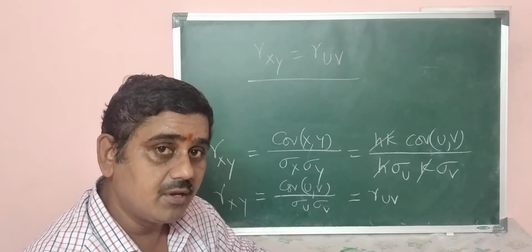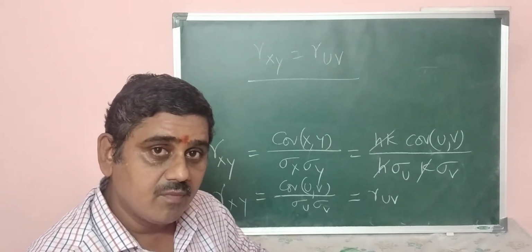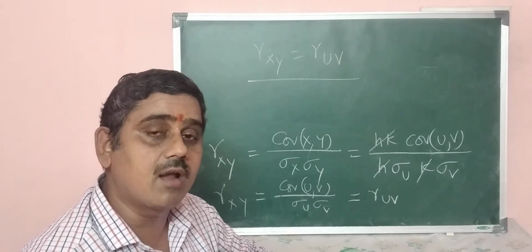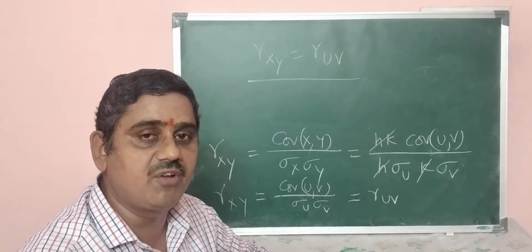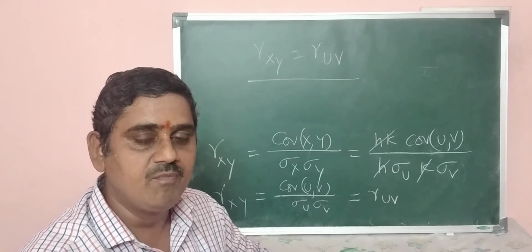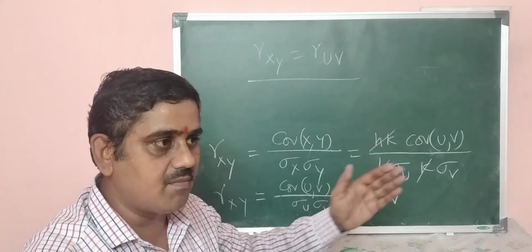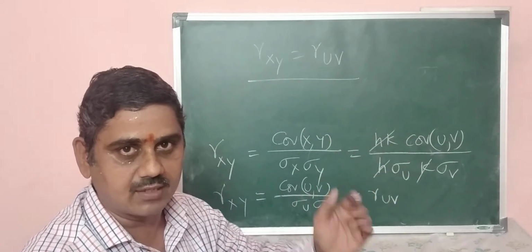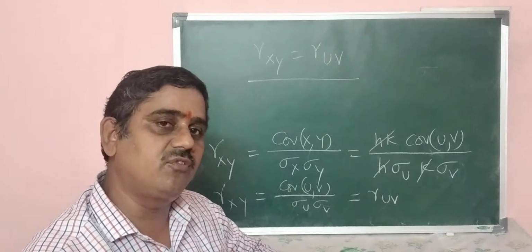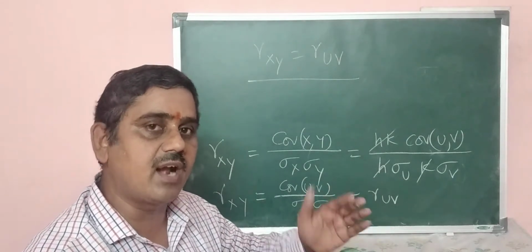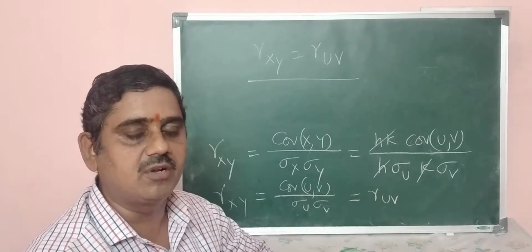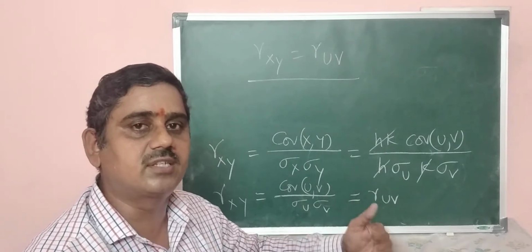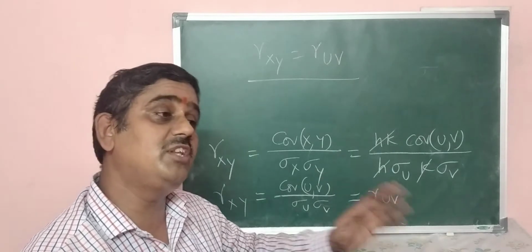I hope you have understood. So the correlation coefficient does not depend on shifting the origin and scale. For example, if you shift the origin of x and y by subtracting values, say minus 20, minus 30, for values like 10, 20, 30, 40, 50, and then divide x minus a by h, you get minus 2, minus 1, 0, 1, 2, and so on.